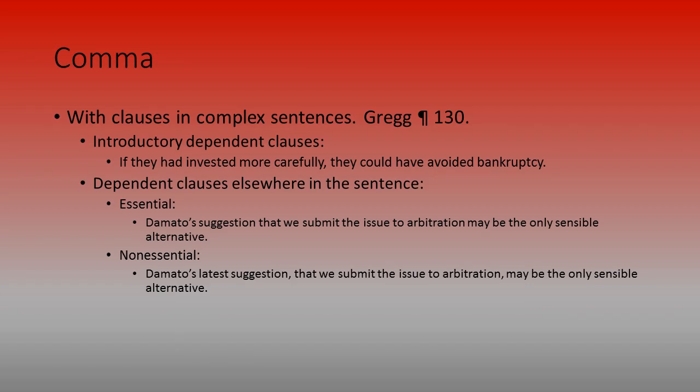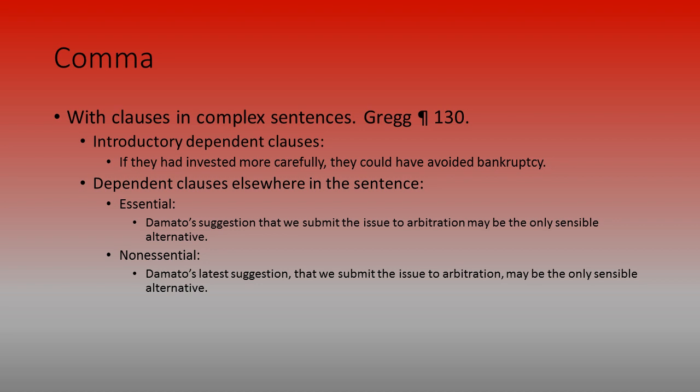Okay, use commas with clauses in complex sentences. Introductory dependent clauses, if they had invested more carefully, set that off. Usually if the word if is in the sentence, there should be a comma there somewhere. Dependent clauses elsewhere in the sentence: is that clause necessary to the meaning of the sentence or just providing additional descriptive or explanatory detail?